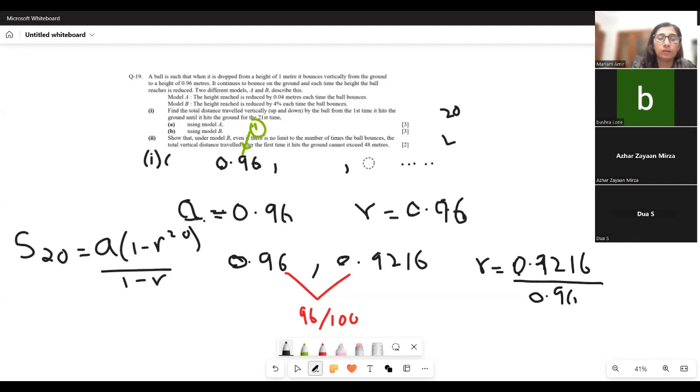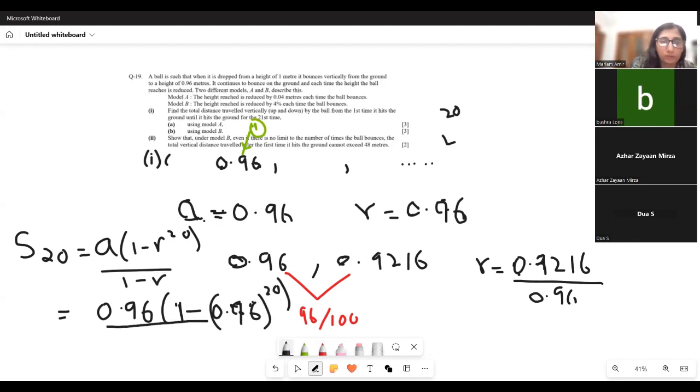A times 1 minus Rn over 1 minus R. It's going to be 0.96 times 1 minus R, which is 0.96 power 20, upon 1 minus R. क्या आता है ये, and then double it as well. 26.8.